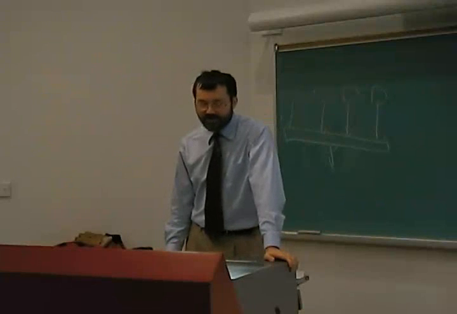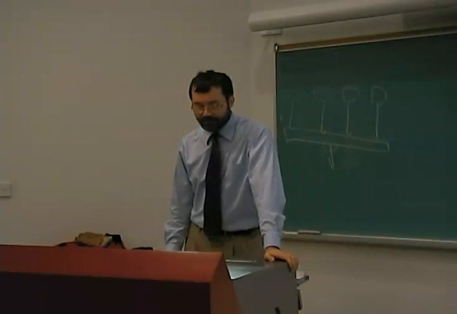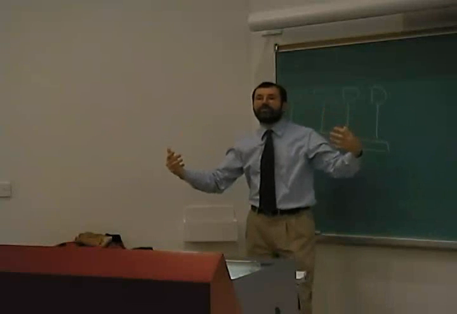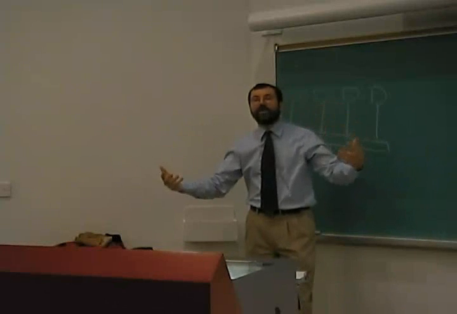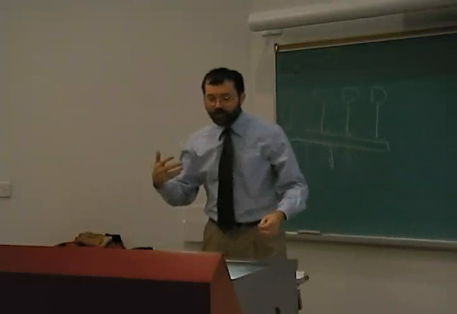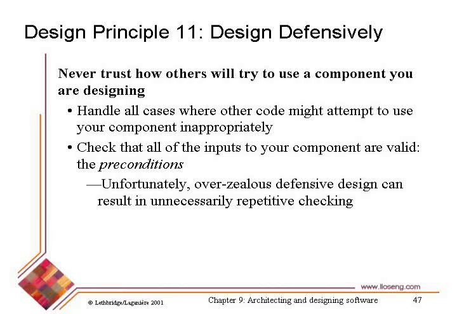So, never trust how people will use a component that you're designing. On the API of your package, you want to do checks for all of the arguments. Are the arguments the correct values? If I'm expecting a value of 0 or greater, let's say I'm calculating the square root of something, I won't trust that they're not going to pass a negative number.